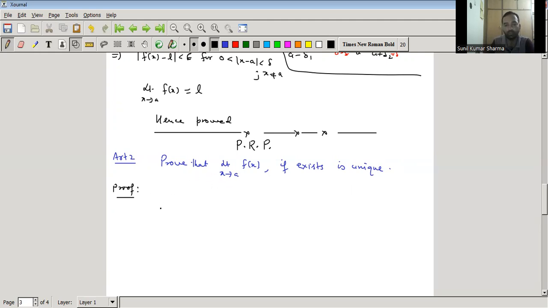So if possible, its limit exists but it is not unique. Let the limit as x goes to a of f(x) be L, and the limit as x goes to a of f(x) be L dash, right? So it has two limits.